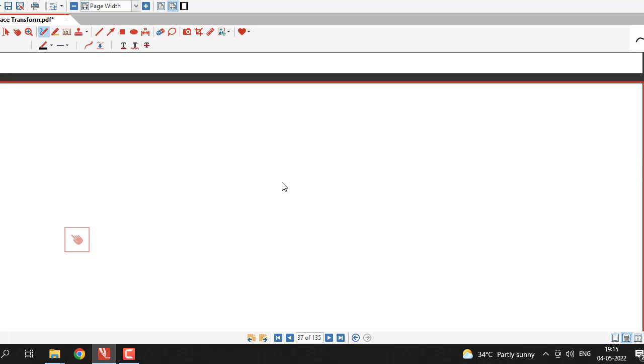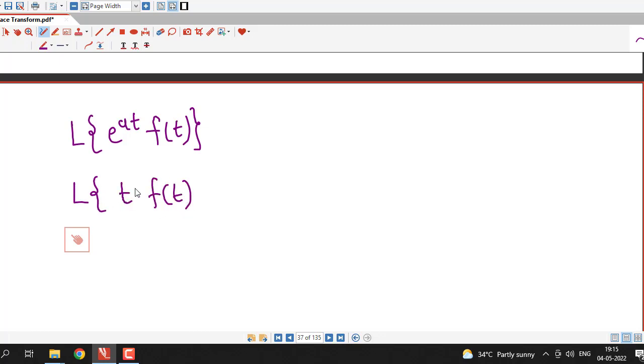So far we have obtained different formulas for Laplace transform, and we have discussed linearity property also, and now we are discussing how to find out Laplace transform if it is multiplied by exponential function, and how to find out Laplace transform of function f of t which is multiplied by t raised to n, that is power of t, which is a positive integer, and we will remember these two formulas.